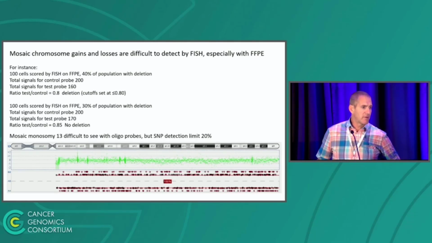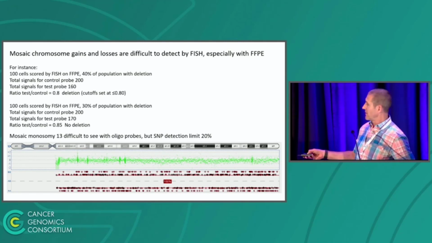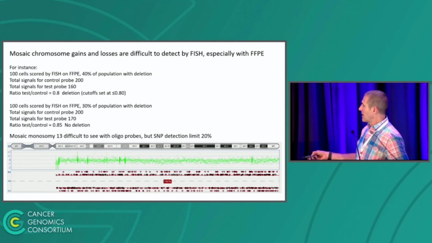With the SNPs, however, as you can see here, the log2 ratio is 0, which means it's normal copy number. But you can see that the SNPs have 4 tracks, meaning that we've actually lost an allele.